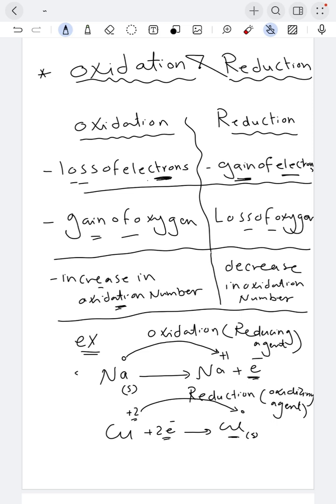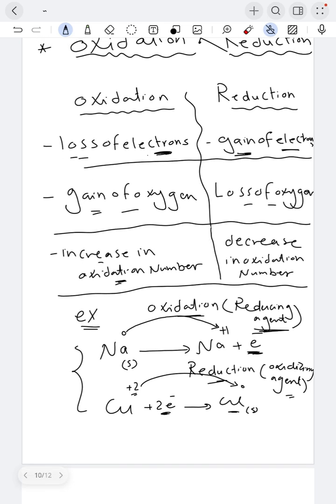In these two equations there is no oxygen, so I have to look at the oxidation number or the electrons. If the electrons are out, like here, it means loss of electrons, and this process is oxidation. If the electrons are inside, it means it gains electrons, which means it's a reduction. And every oxidation involves a reducing agent, while in the case of reduction, it's an oxidizing agent.